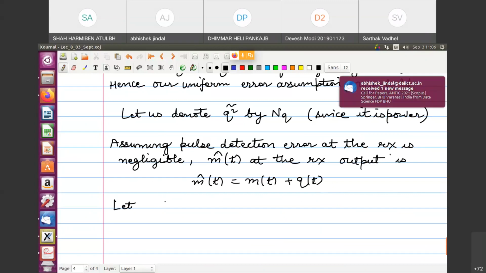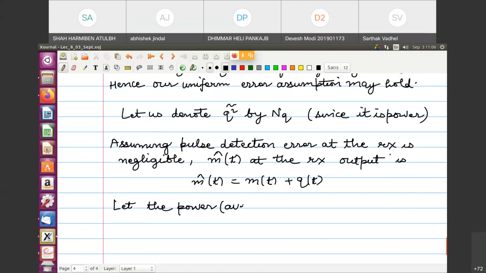So let the average power. See this, why we are saying power and writing average. I will give you a link most probably in the next lecture to study this concept. This is very important because sometimes you will find instantaneous power written, sometimes you will find average power written.